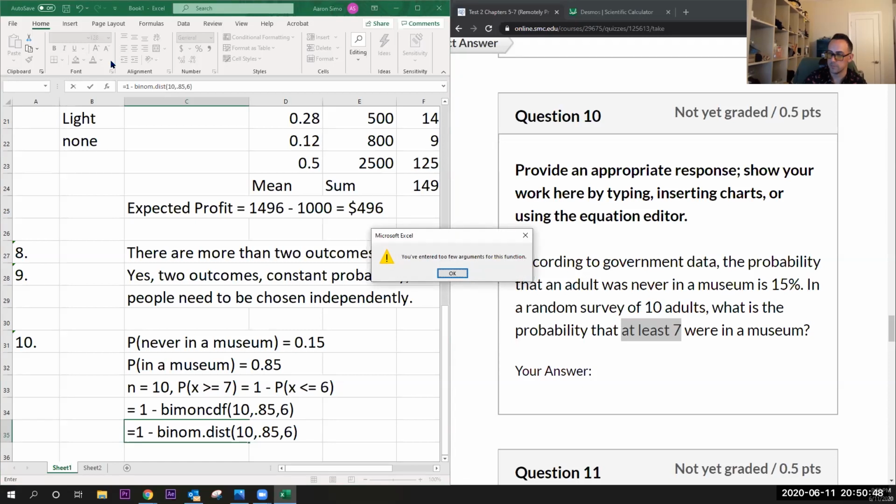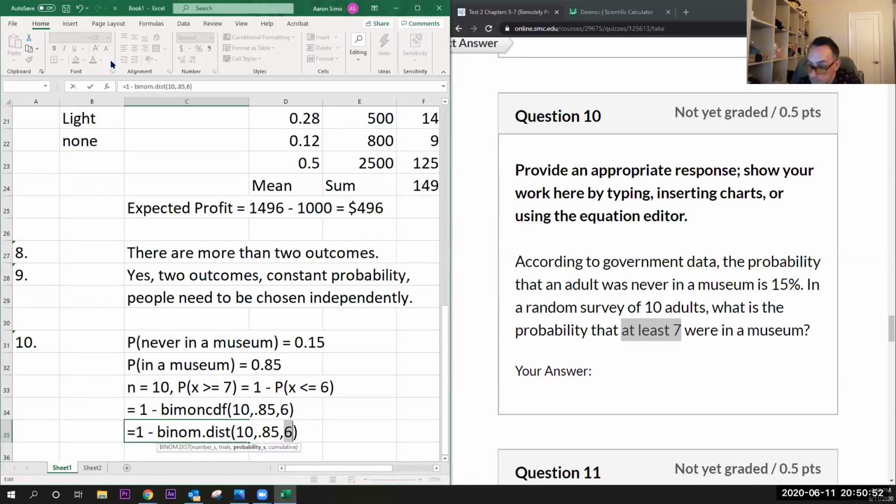It says you've entered too few arguments for this function. I need to plug in the number of successes, trials, probability, and then cumulative. So here I need to probably put 1, minus, the number of successes I need to put 6, the number of trials I need to put 10, probability.